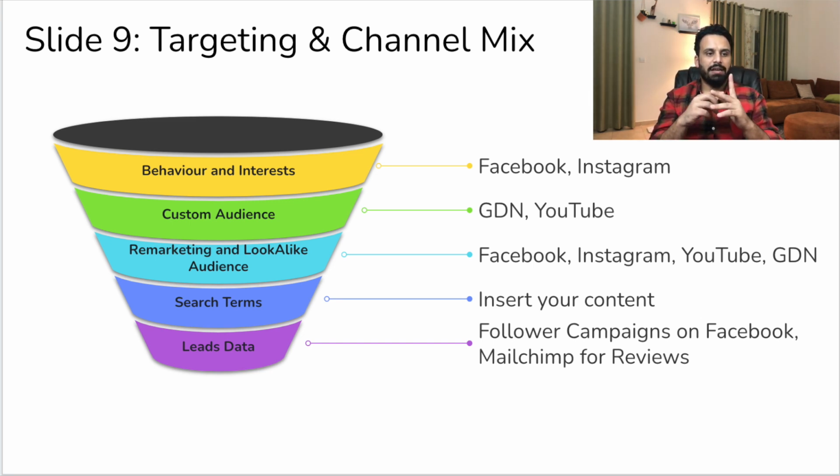One, we will use behavior and interest targeting, for which we will use Facebook and Instagram. When I say behavior and interest, we'll go to people who recently have liked or engaged with the content of dental clinics, or they were searching for, or visiting blogs related to dental hygiene or dental treatments. And similarly, then we'll reach out to custom audiences on GDN and YouTube.